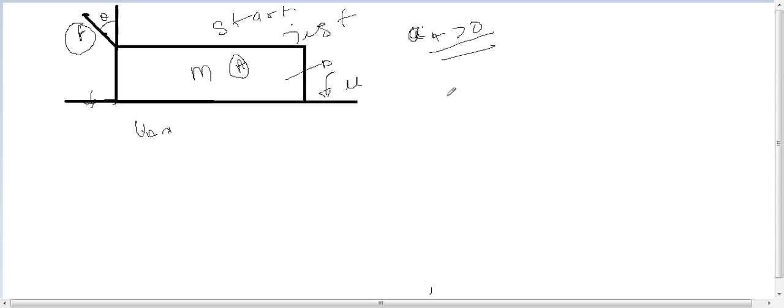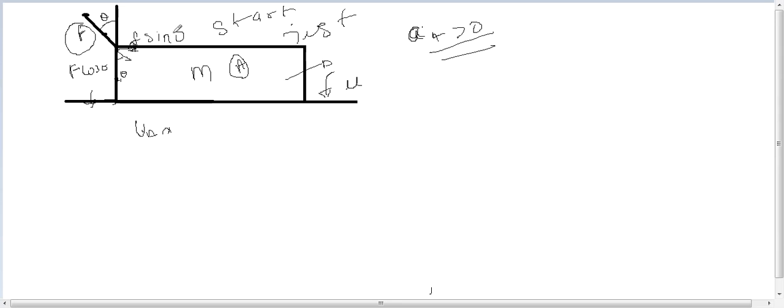Okay guys, now let's draw the free body diagram with the friction. Everything will be the same, just like I'm drawing here. This angle will be theta, so this will be F cos theta, and this will be F sin theta.